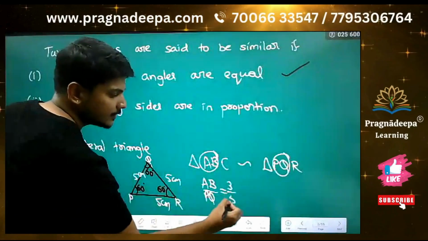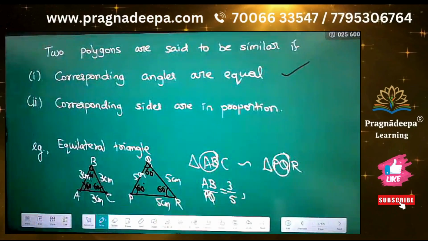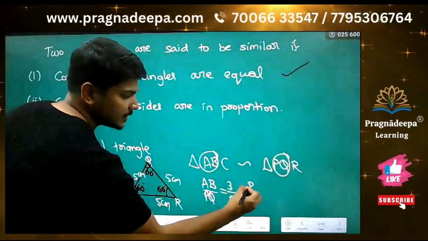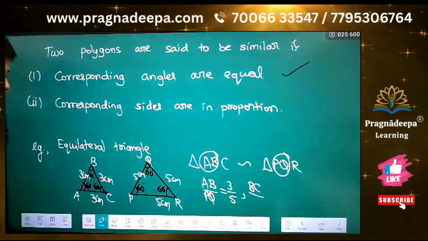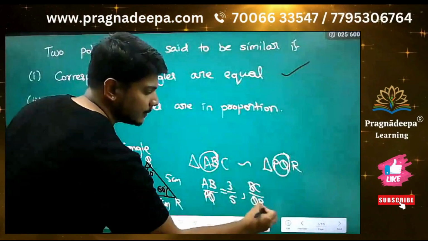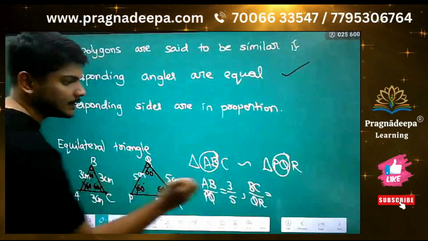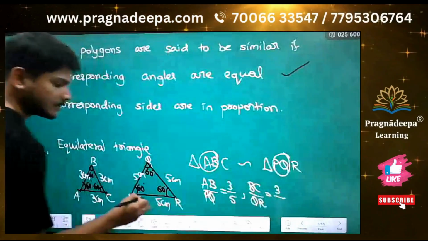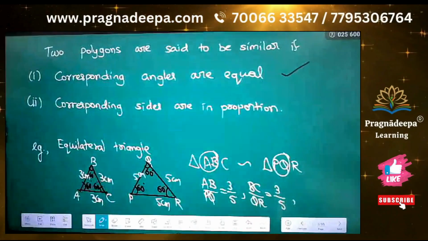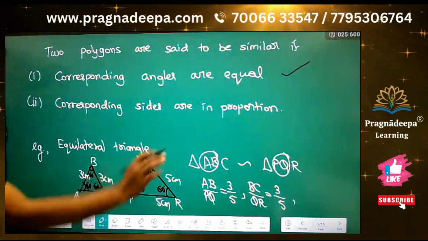AB by PQ is 3 by 5. Okay, so let me consider another side, BC. Corresponding side for BC is QR, which will be equal to, BC is 3 centimeter, QR is 5 centimeters. So which is also 3 by 5. Okay, so 3 by 5, that's all.